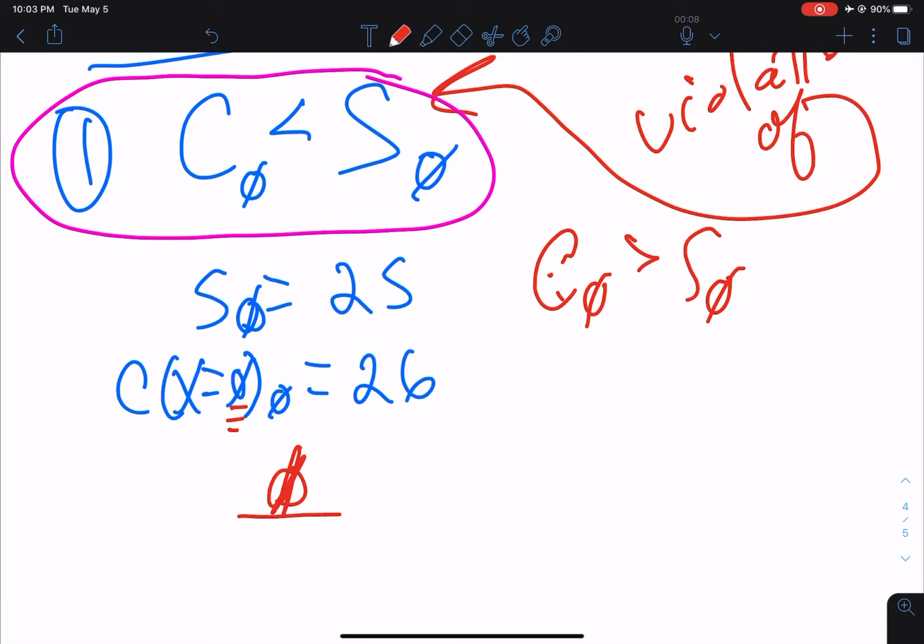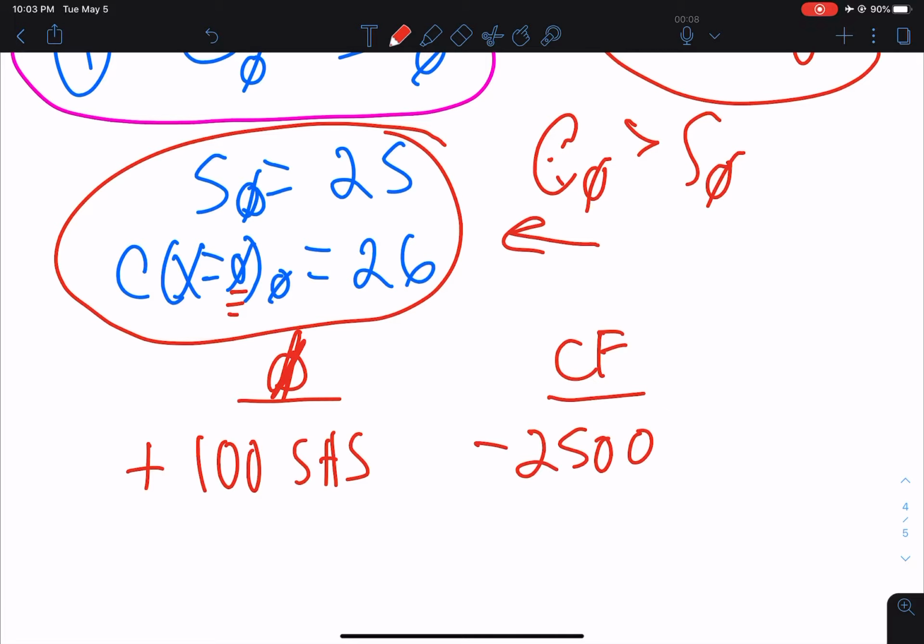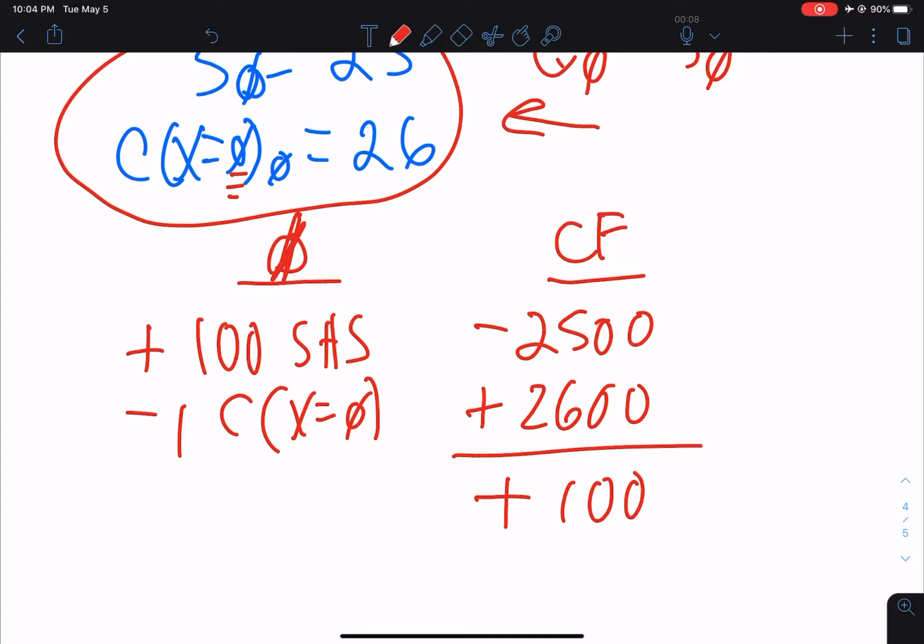We would buy 100 shares. And the cash flow associated with doing that, of course, would be we would be out $2,500. And then we could write one of the calls with an exercise price of 0, in which case we'd receive $2,600. And we notice that we get a net credit with this combination of trades, and we get $100 coming in to our account.